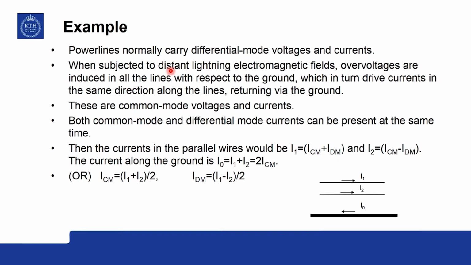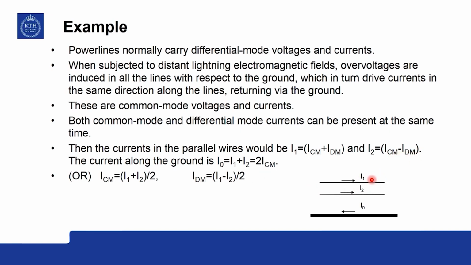So, why are common mode and differential mode currents important in terms of radiated disturbance? You can see it over here. Say for example, if there are currents in two parallel wires, I1 and I2, then I1 is I common mode plus I differential mode, and I2 will be, since the differential mode direction is changing, I common mode minus I differential mode.